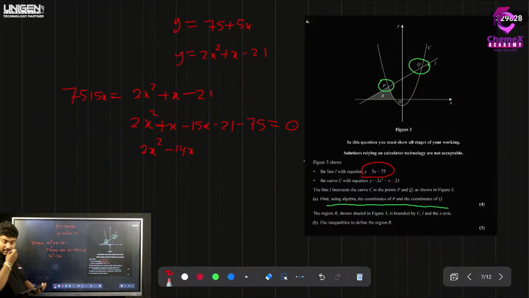Minus, what is it? Minus 76, correct? No, sorry, minus 96. Now can someone solve this and tell me the answer for x?